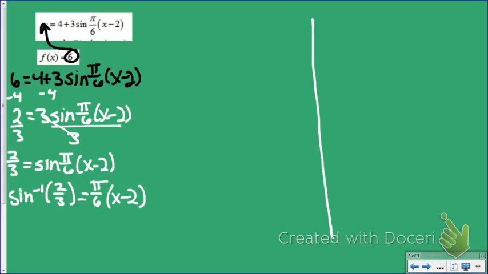What I got on my calculator was 0.7297, so I'm going to round that to 0.730. If it's a general solution, it's plus 2 pi n. And that's going to be equal to the rest of that equation, which is pi over 6 times x minus 2.